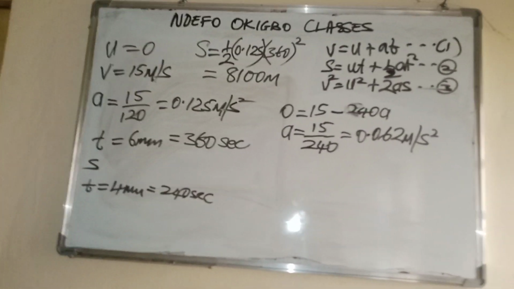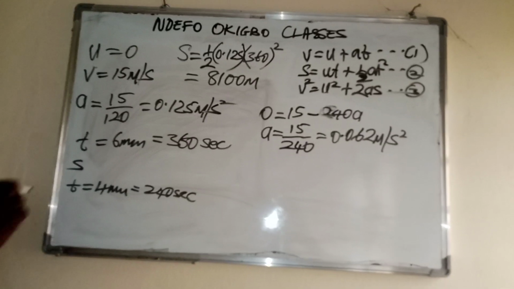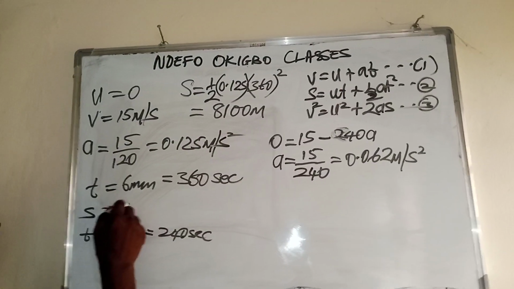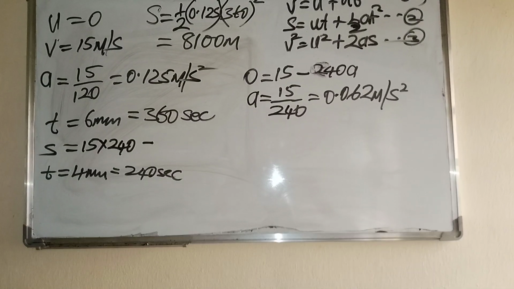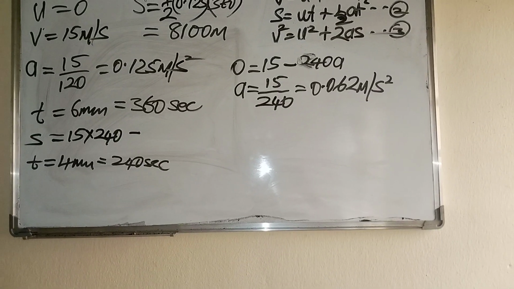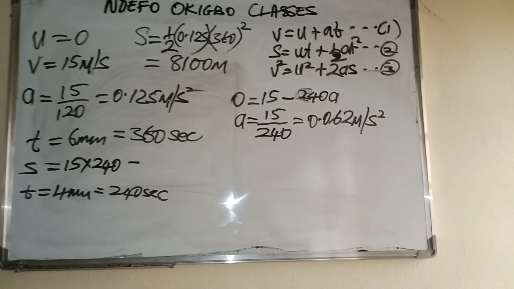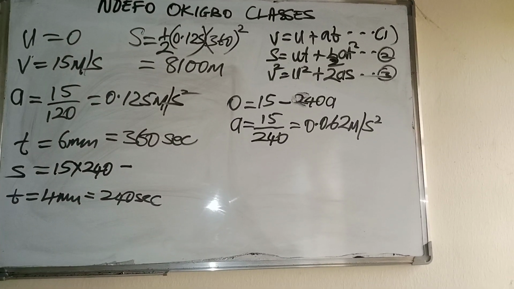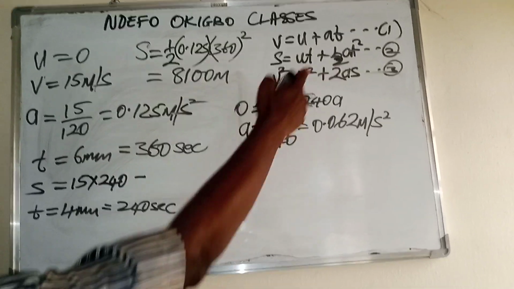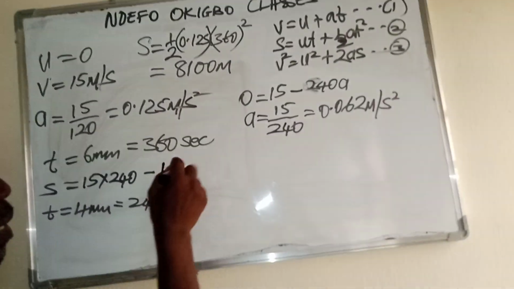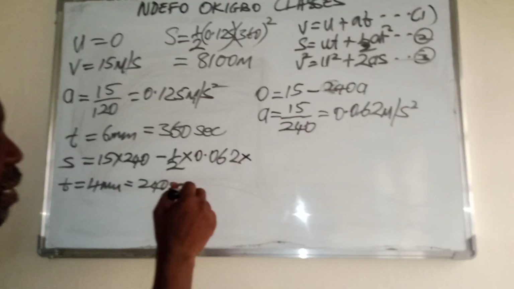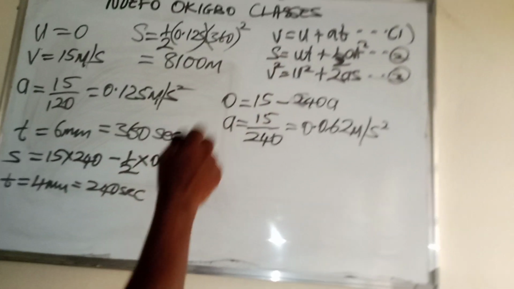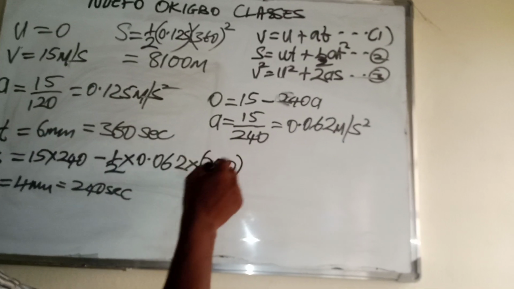So S is equal to 15 times 240, minus, because it was decelerating, half times the deceleration of 0.062 times the time of 240 squared.